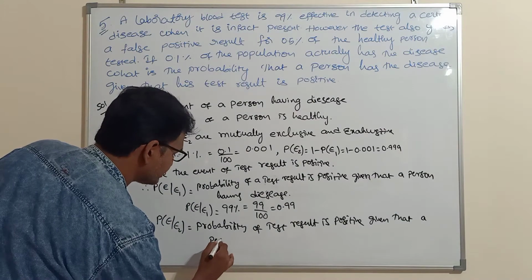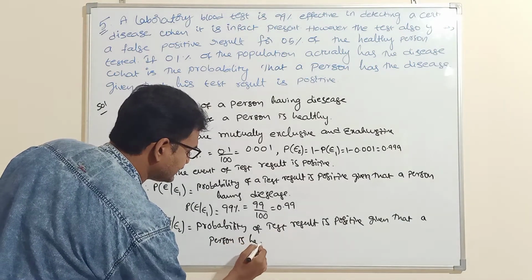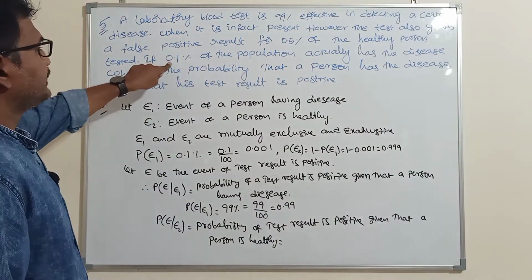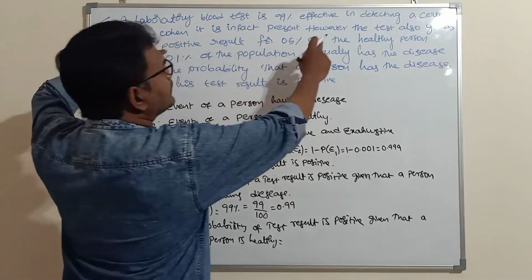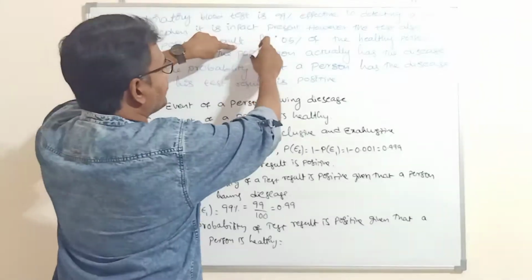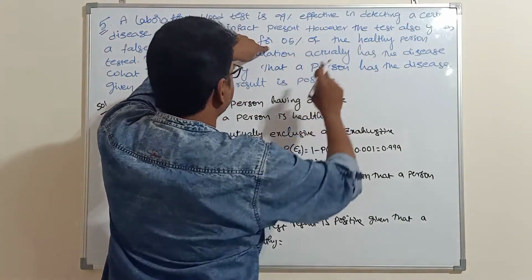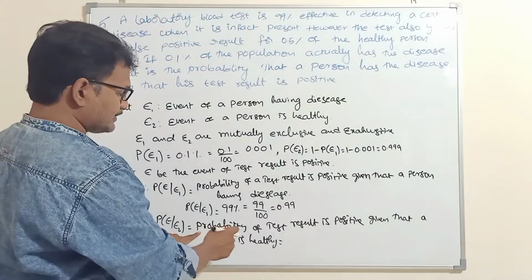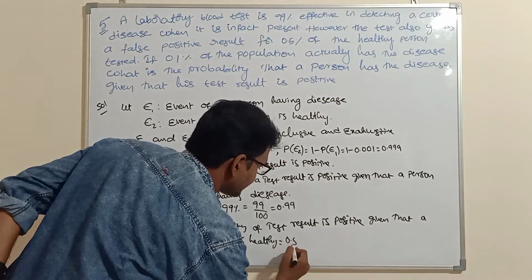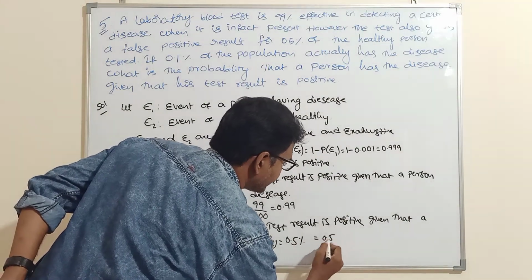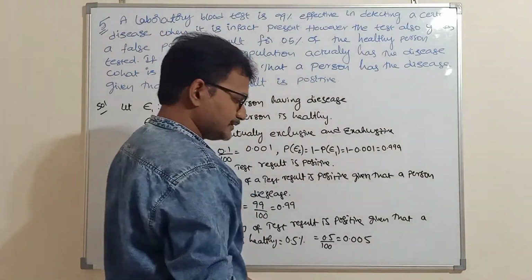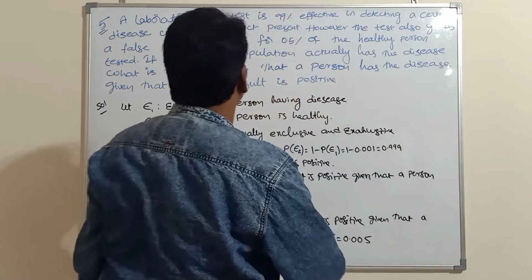See this line, the test yields a false positive result for 0.5% of the healthy person. For a healthy person, what is the probability? 0.5%. 0.5% means 0.5 by 100. That means 0.005.